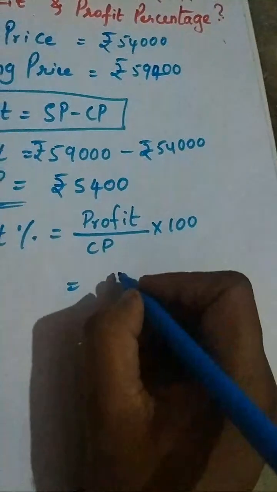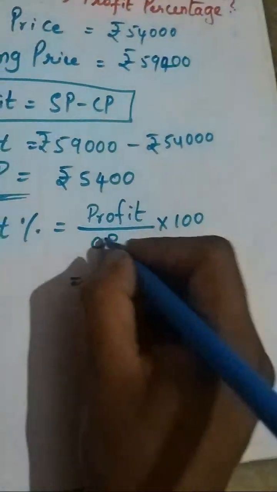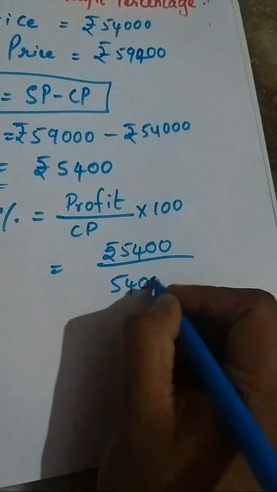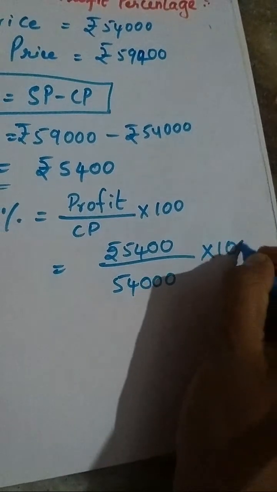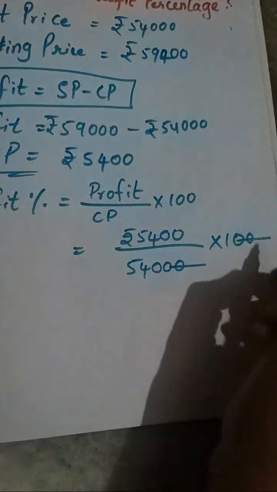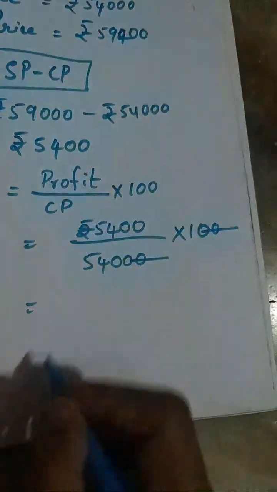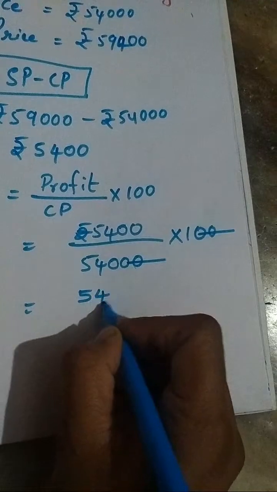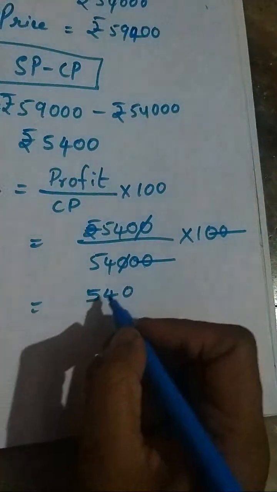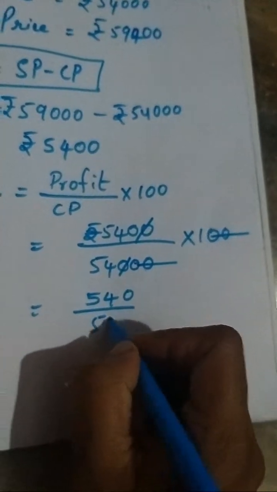Now how much profit did he get? 5,400. By cost price, how much? 54,000, into 100. Now what do we have to do? See here, two zeros get cancelled. Now 5,400, this zero also gets cancelled. Now 540 in numerator and 54 in denominator.